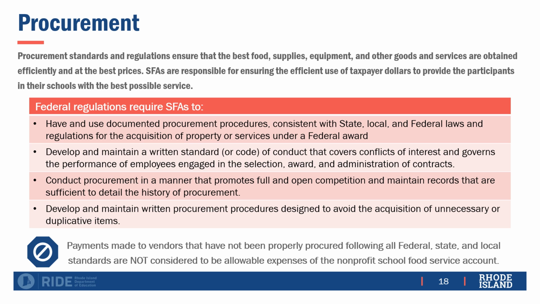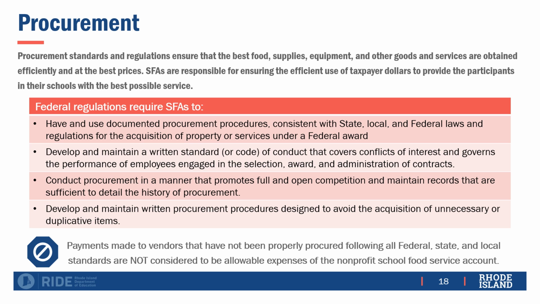Note: procurement standards apply to all goods and services purchased in whole or in part with the support of federal funds. This includes contracts and services that may benefit other areas of the school in addition to food services.